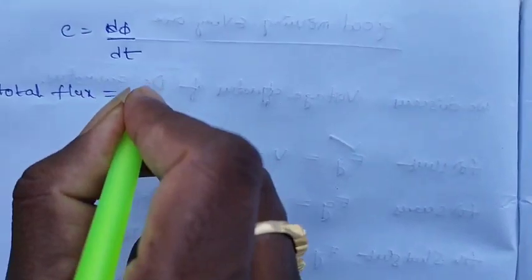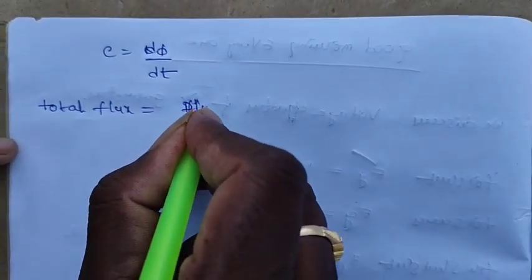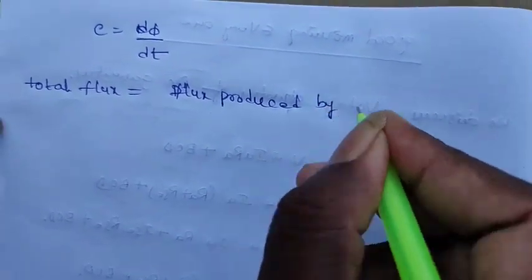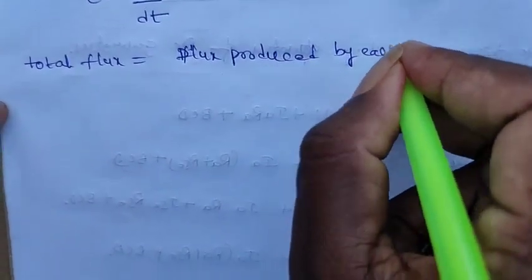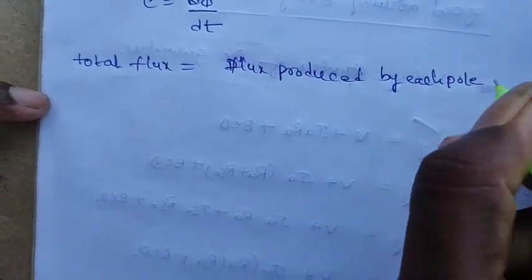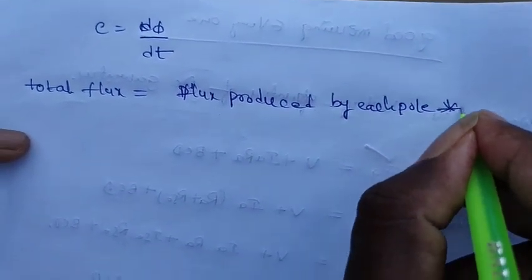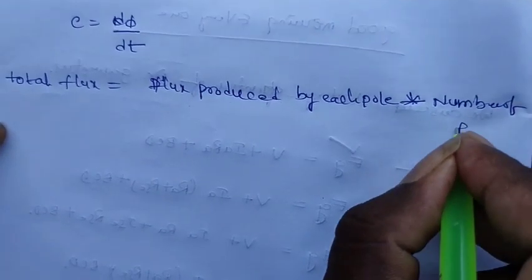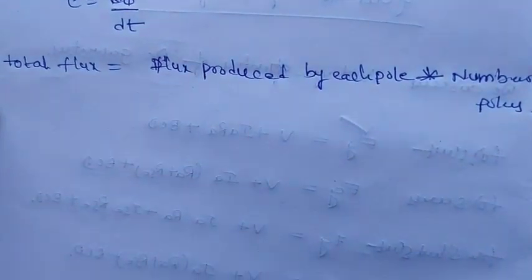So the total flux is equal to flux produced by each pole multiplied with number of poles.